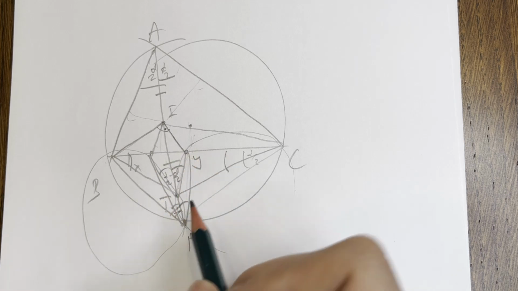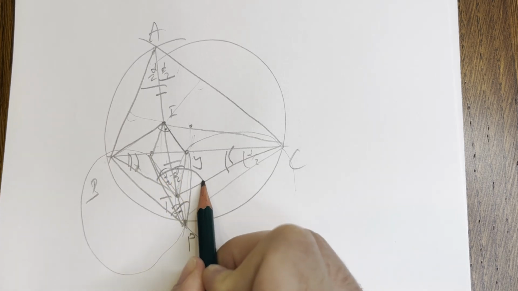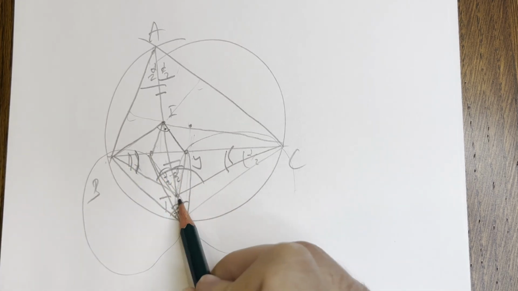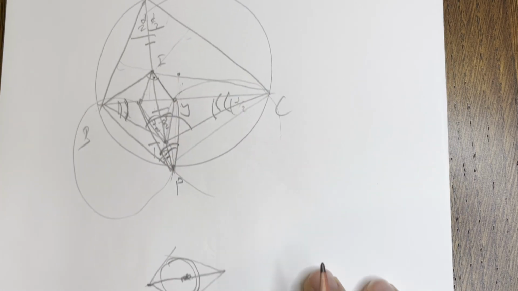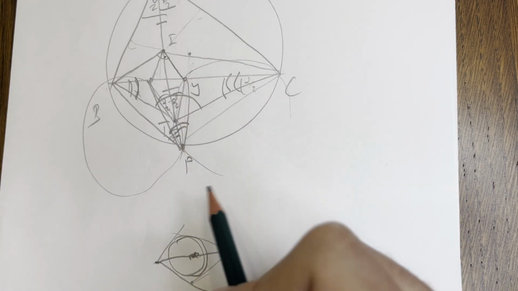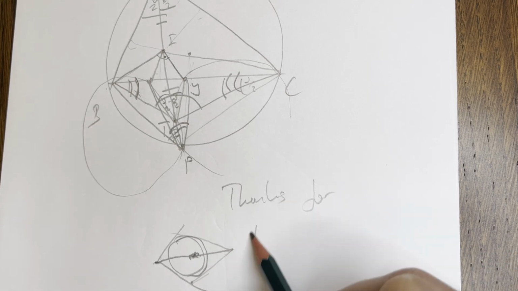Then we also get that this angle plus this whole angle is 180, but this angle plus this angle is equal to XPY, and that solves the problem. Let me know if you have any other solutions, and as always, thanks for problem solving.